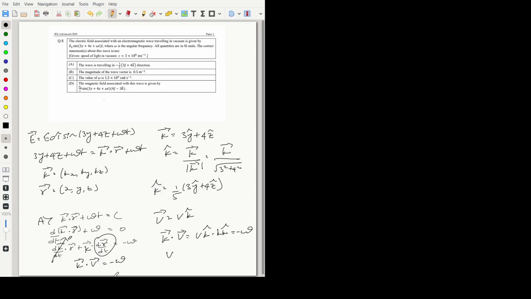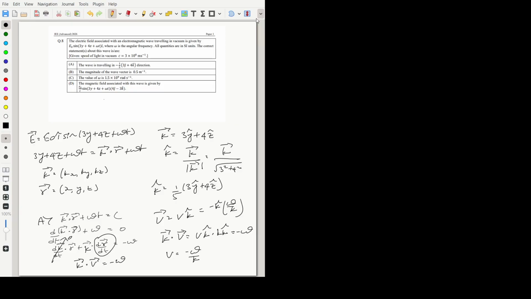So it is in fact minus omega over k. Perfect. So my vector v is minus omega over k times k hat.